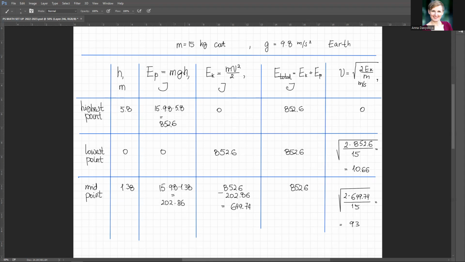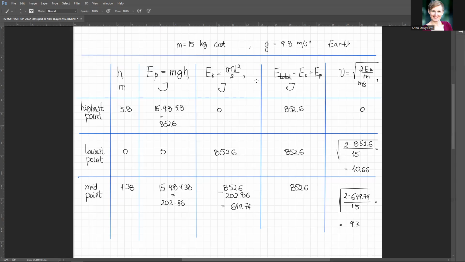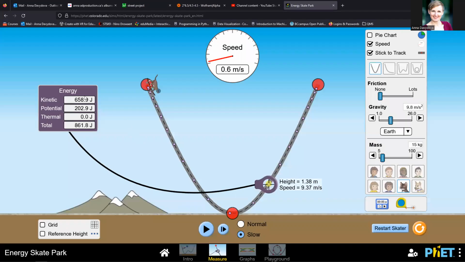So mass times gravity times height, 15 times 9.8 times my height, which is 1.38, will give me 202 joules, which is very close to what the measuring tool is here showing me. 202. Kinetic energy will be the difference between the total minus potential, 649.74. Quite close to my value.